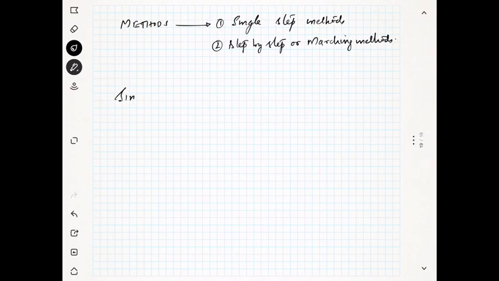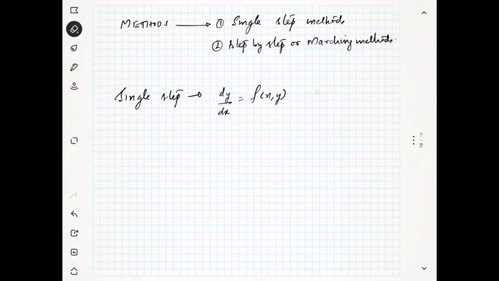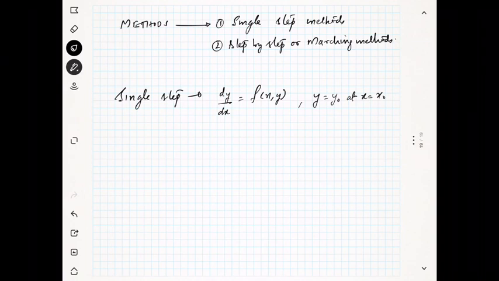So in the single step method, you are given an equation dy by dx equal to some function of x, y, and it is also given that y equals y naught at x equal to some x naught. So the initial value is given. For x naught you have a y naught.